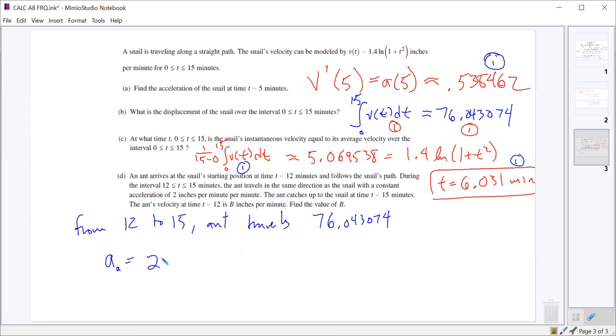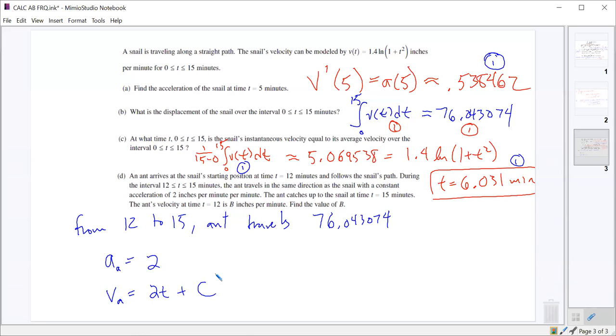What is the velocity of the ant then? How do we get a velocity from an acceleration? An integral, right? So what's the integral of that? 2t plus some constant.